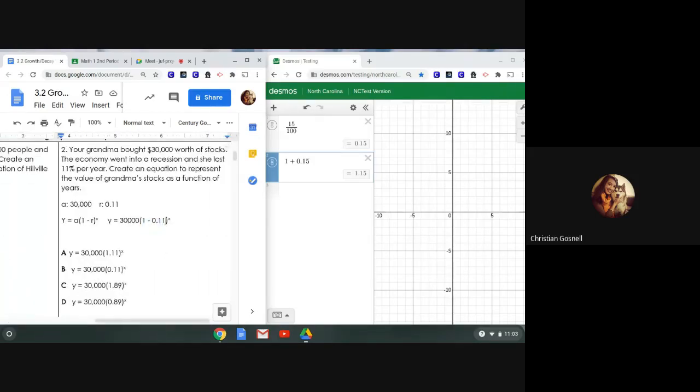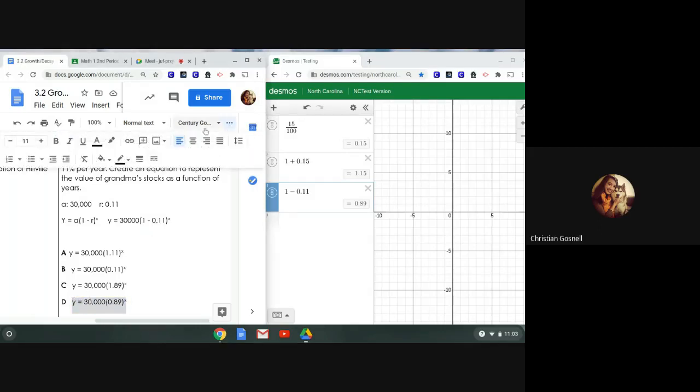What is 1 minus 0.11? That is 0.89. So what should be in the parentheses is 0.89. That looks like D, so D would be our answer.